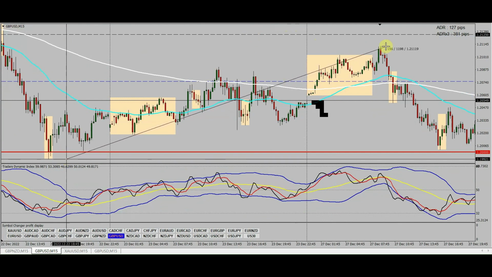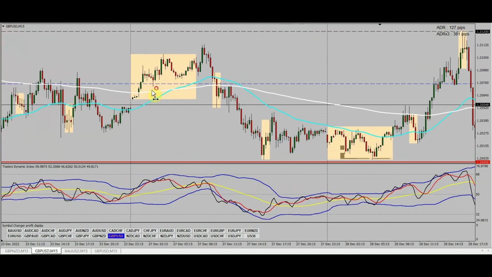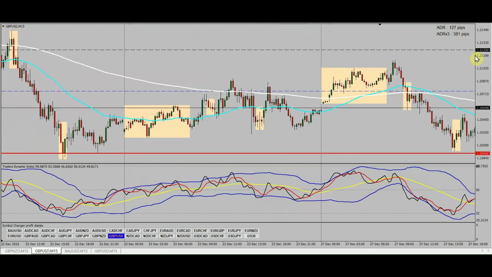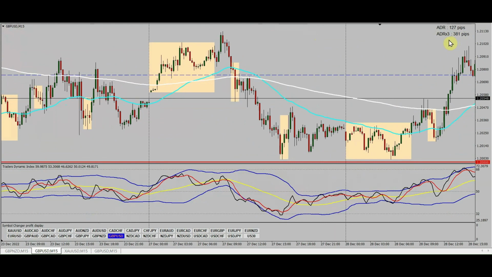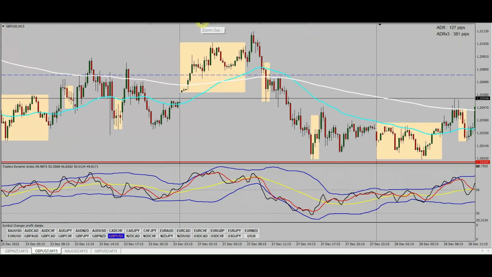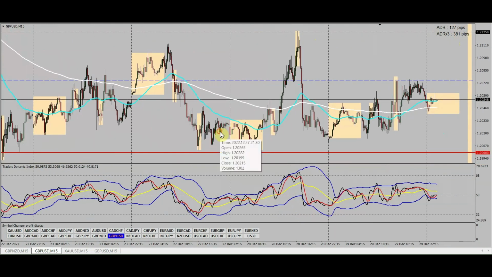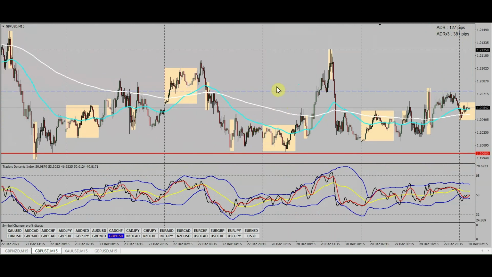Okay, so we went 120 pips. Now I see this move of 120 pips. My ADR is 127. What I am looking for is either a reset or a reversal. So price would have made this low here and it moved 119, 120 pips.